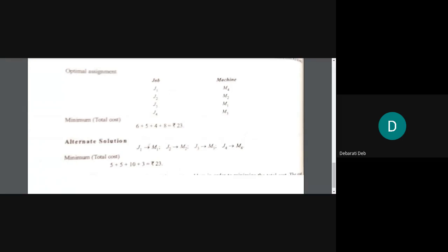Is it done? Can I move ahead with the next problem? Or if there is any doubt, please ask me before moving ahead with the next problem. Can I move ahead? Please tell me.